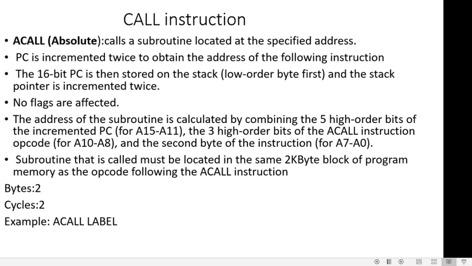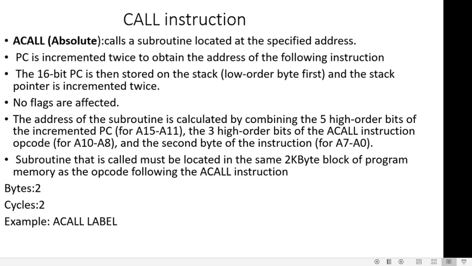Then absolute call. It also calls the subroutine located at the specified address, no doubt. But the PC is incremented twice to obtain the address of the following instruction. In long call, the PC is incremented by 3, but here the PC is incremented by 2 to find out the address of the following instruction. The 16-bit PC is then stored on the stack, low order byte first, and the stack pointer is incremented by 2.